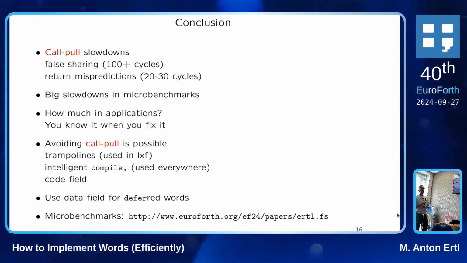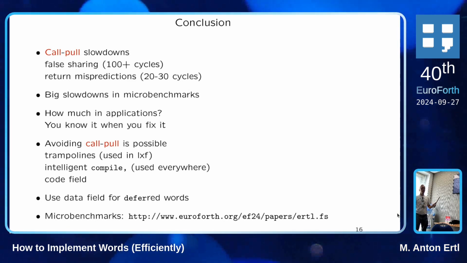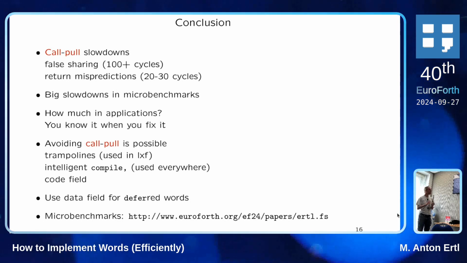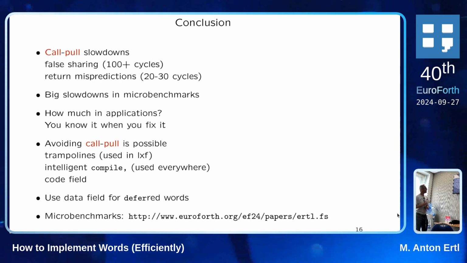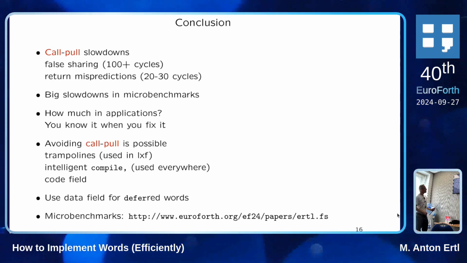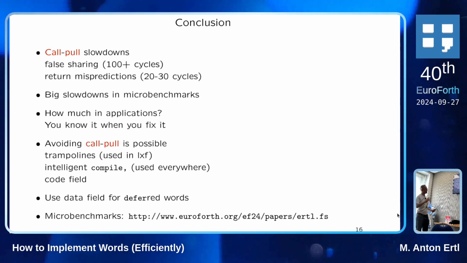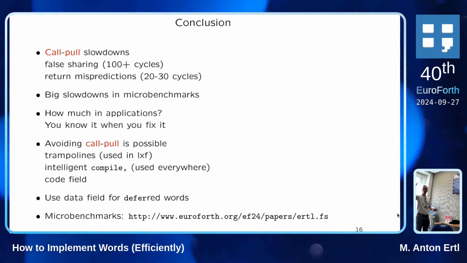So how much slowdown do we see in applications? We'll know when we fix it. Before that, it's really hard to know. It's possible to avoid call pull using trampolines all the way.